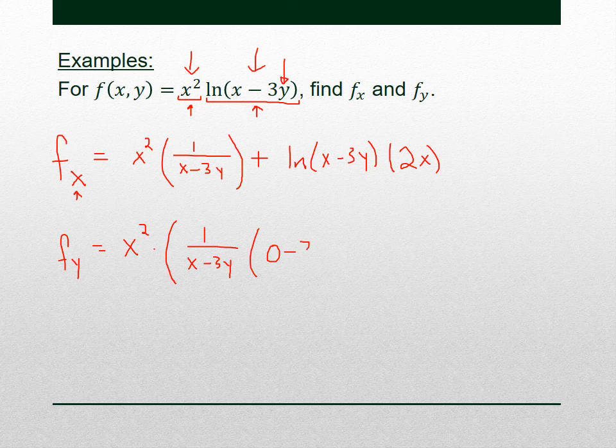The partial derivative of minus 3y with respect to y is minus 3. And so there's your partial derivative with respect to y. We could rewrite this, so that's x squared times 1 times minus 3. That's the numerator, so you could write that as minus 3x squared over x minus 3y. And that's the same thing, however you want to.